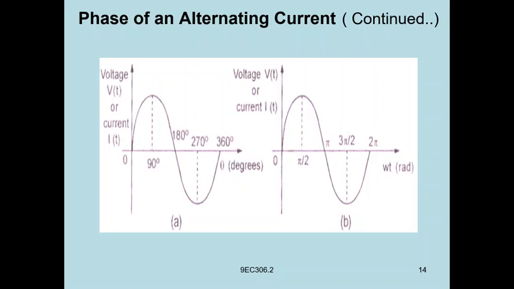So, for one cycle, the phase can be represented as 0 to 360 degrees, or 0 to 2 pi radians, or 0 to T, the time. In three ways we can represent this: it can be time, it can be degrees, it can be radians.